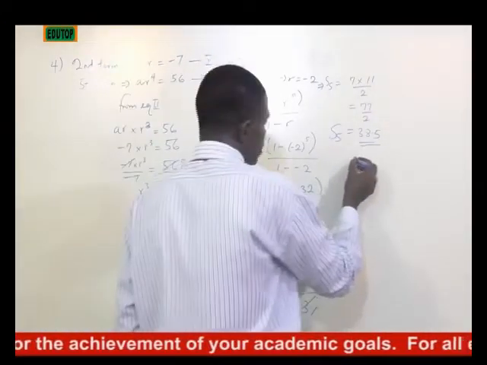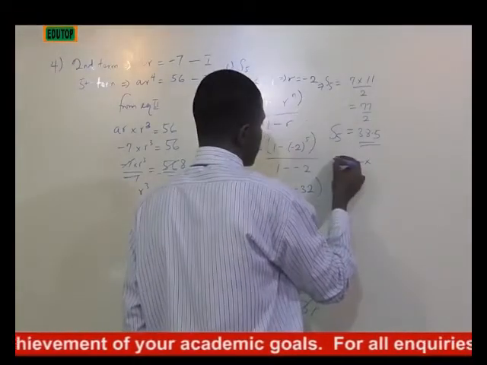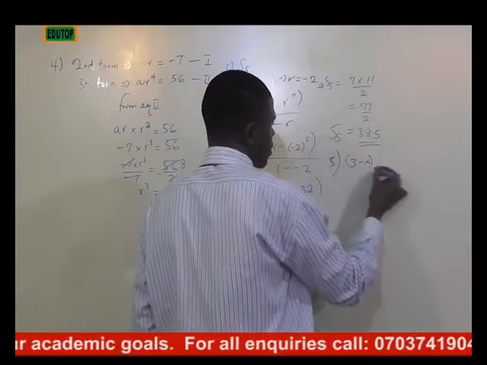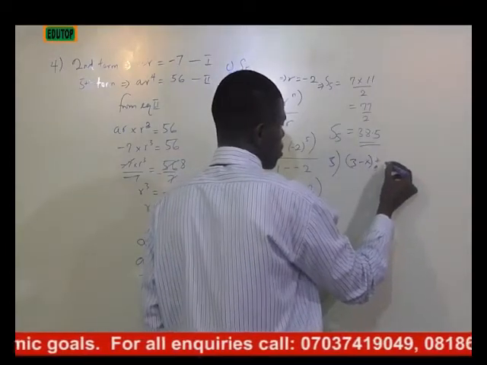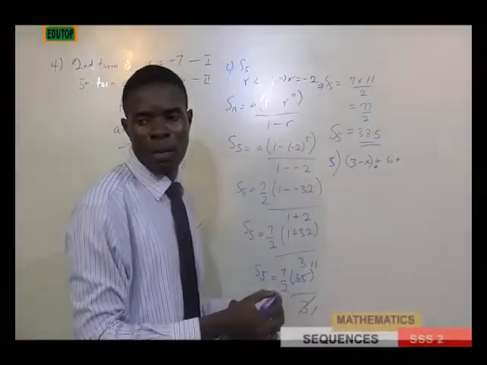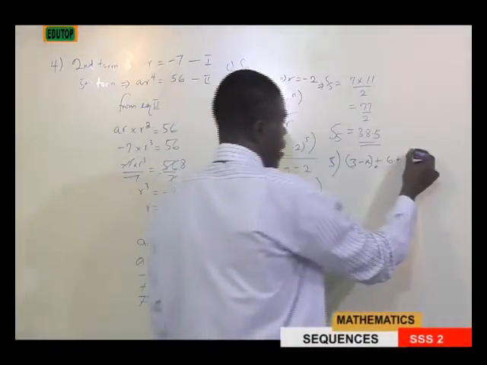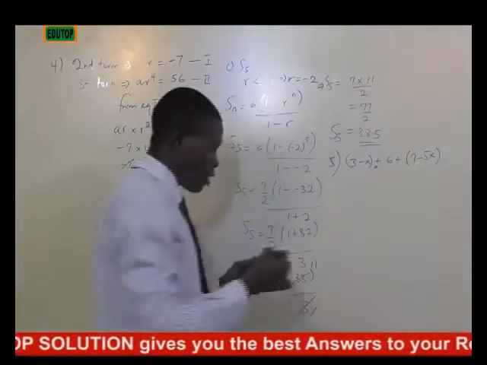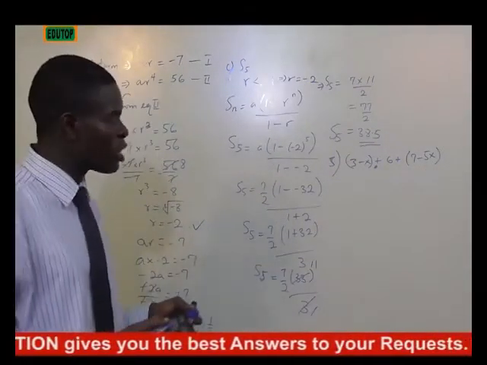We are given 3 minus x, that's number 5 now. We are given 3 minus x, 6, 7 minus 5x. And the information given to us is that they are in geometric series.